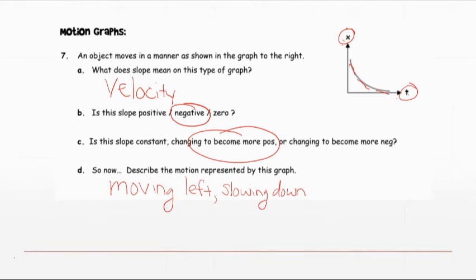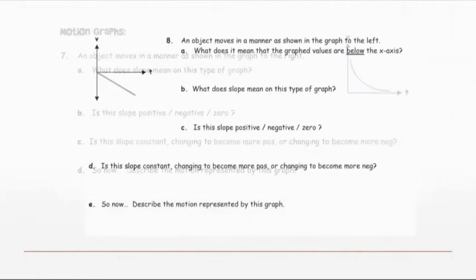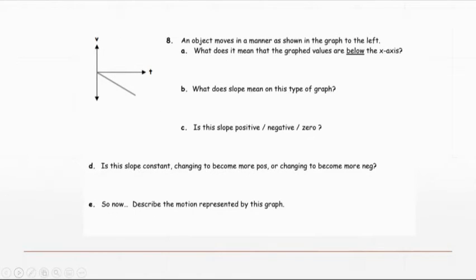Okay, so going to our next slide, our next question. Here we have question number 8. It says, an object moves in a manner as shown in the graph to the left. What does it mean that the graph values are below the x-axis? So remember, being below the x-axis, our velocity is negative.